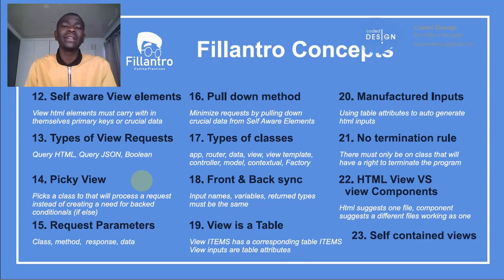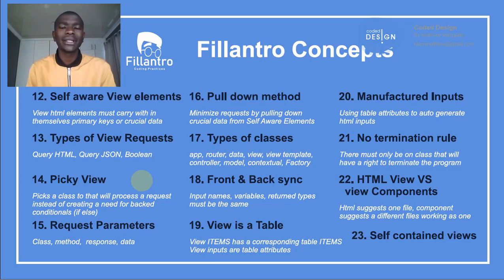In order for this request to be executed properly, obviously given the mini framework that I've created for myself, I can tell the back end that this is the class that you must instantiate, this is the method that you must call inside that class, this is the type of response that I want when you are done with processing the request, and also this is the data that you can use to continue and execute whatever you want to do. So that was point number 15, request parameters.